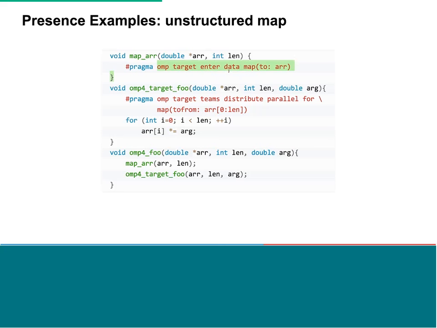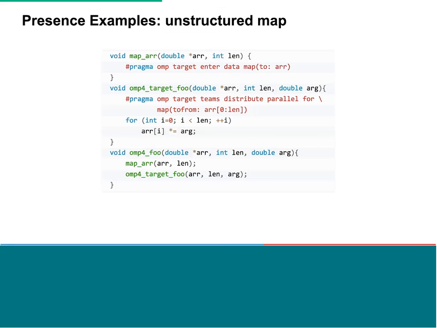So instead of using target data, it uses target enter data to begin an unscoped region, which can then be ended in another code path somewhere later that has the same behavior across target regions in the interim. It changes it from a static to a dynamically scoped construct.